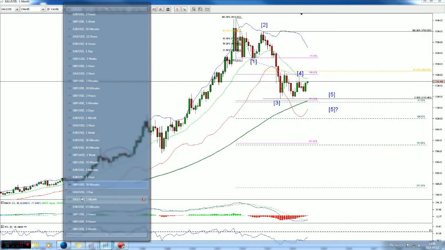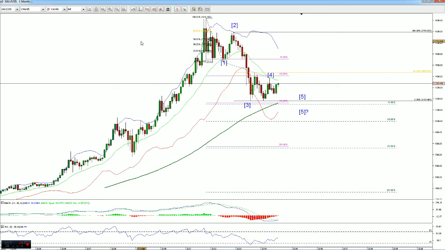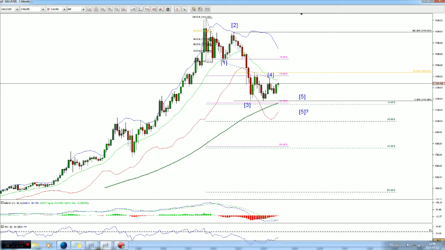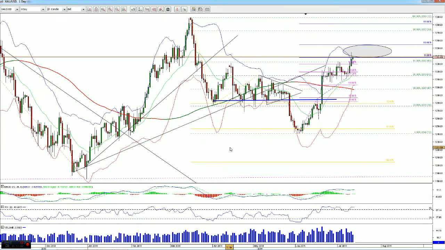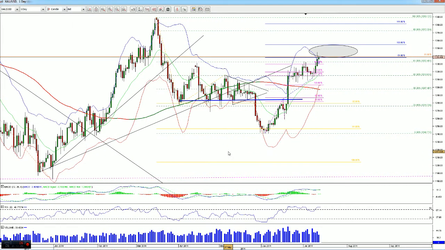Good. Let's have a look at the gold market. This is the gold. As said many times, this is either the fifth wave developing or something new to the upside started, and I guess this is what I've shown on a 1-day chart.